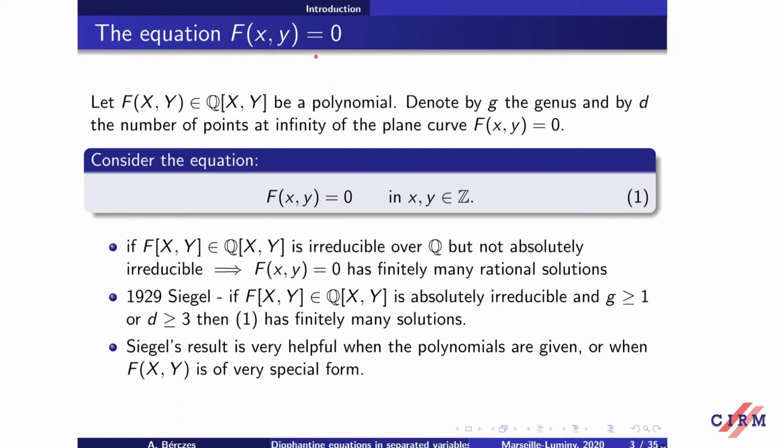So first of all, if we take the Diophantine equation of the shape f(x,y) equals 0, where f(x,y) is a polynomial with rational coefficients, then in principle the main question may be how, or when, this equation may have finitely or infinitely many solutions.